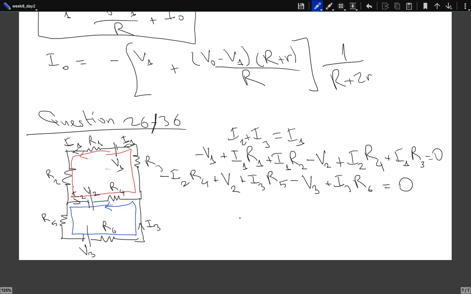Minus V2. What is the potential drop as you go from here to here? I2 times R4, plus or minus? This is the terminal voltage.